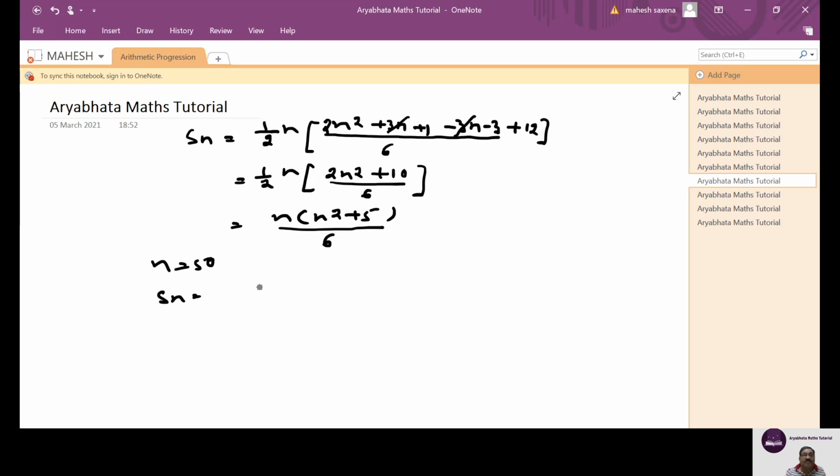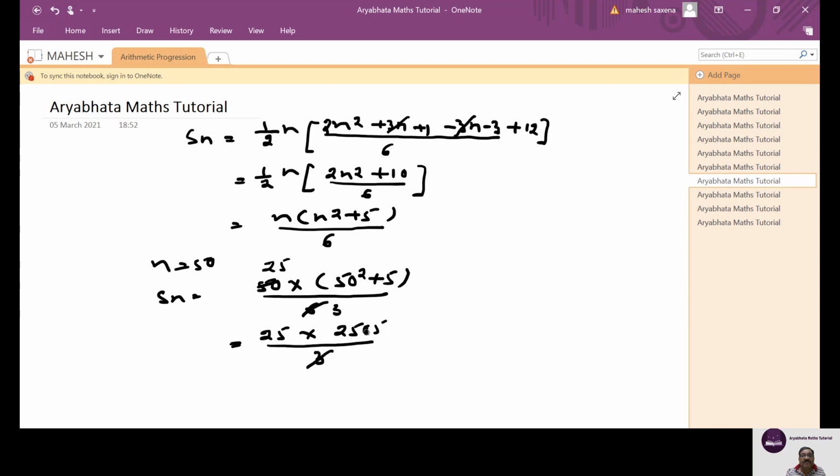Therefore, Sn is equal to 50 into 50 square plus 5 upon 6, is equal to 25 into 2505 upon 3, is equal to 20,875. It will be the coefficient of x to the power 49.